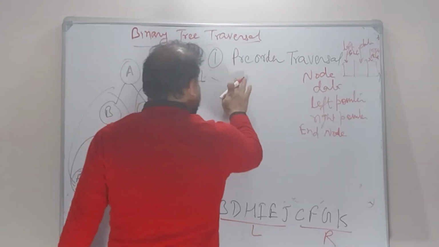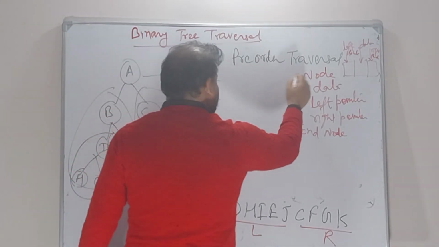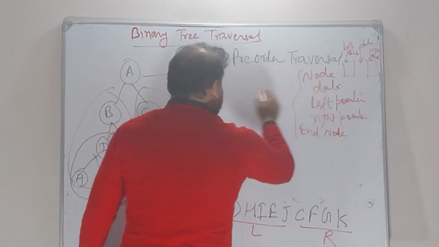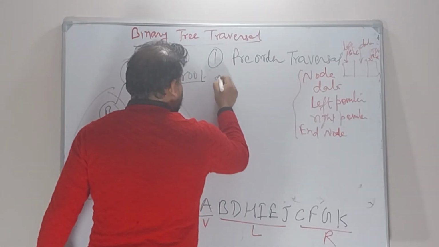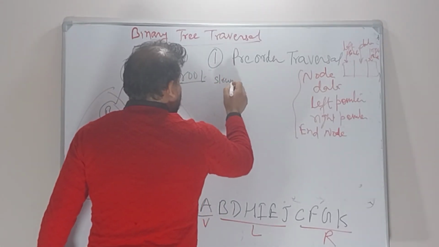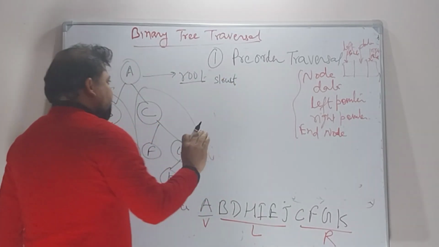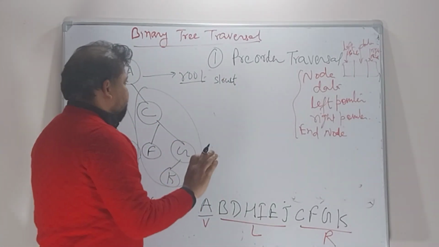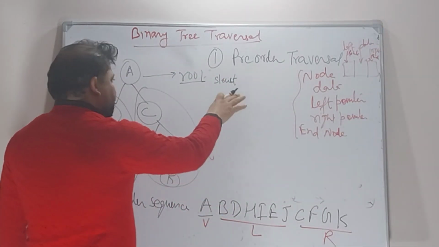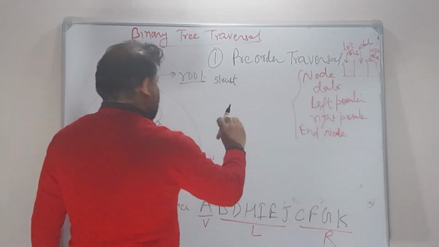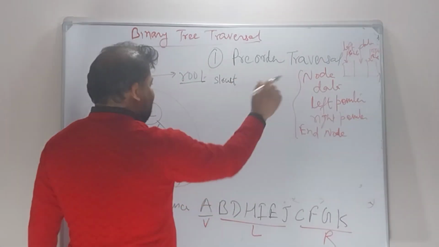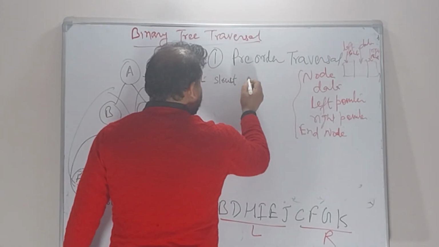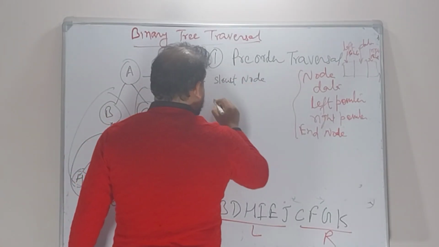So I'll try to create a C structure for these fields. I'm writing struct. Here I'm assuming you know how to write a structure for any linked list representation or for any node, so I'm not going to explain it directly. I'm giving the name node.